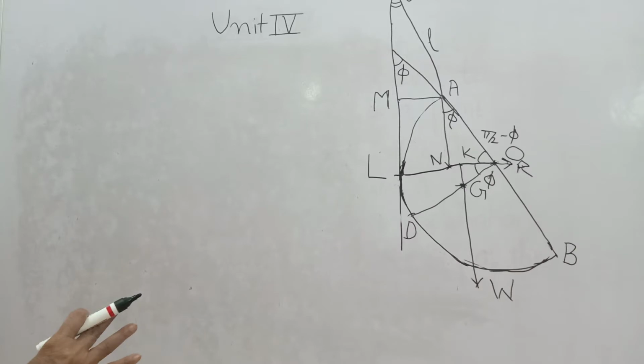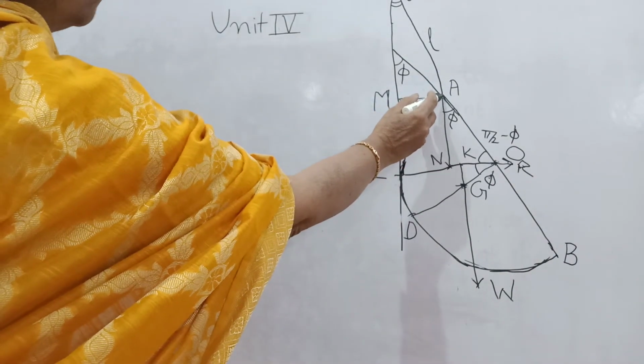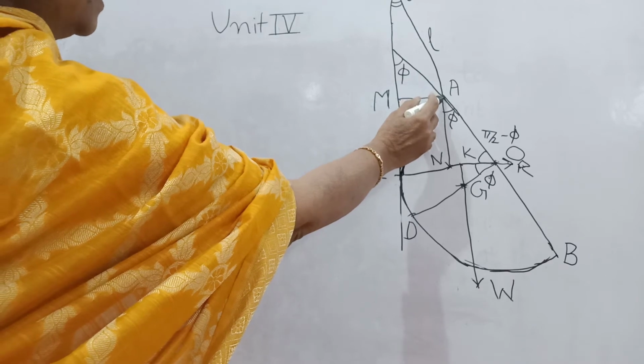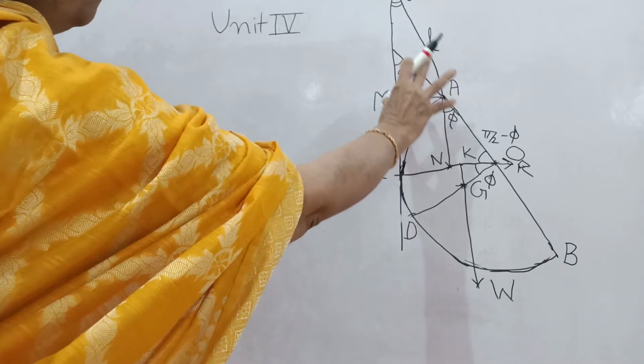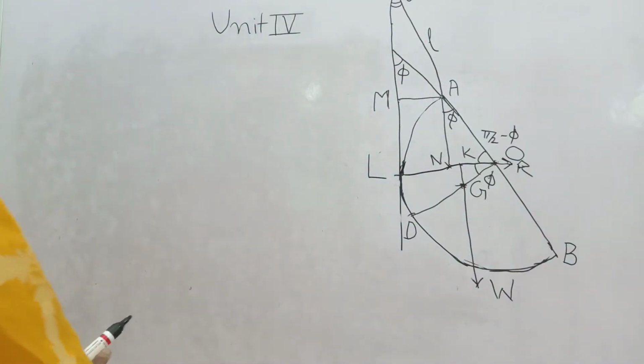Why? Because this is a part of the system. This end is tied, so when you give the displacement, this L is not going to change.